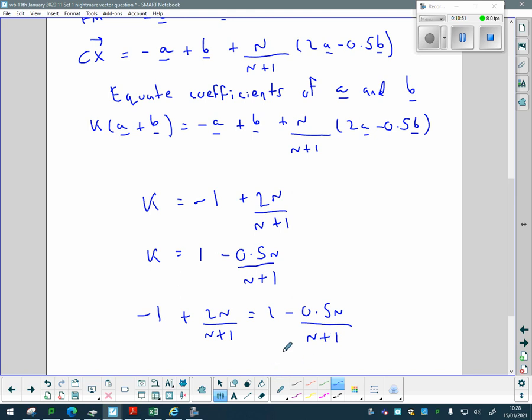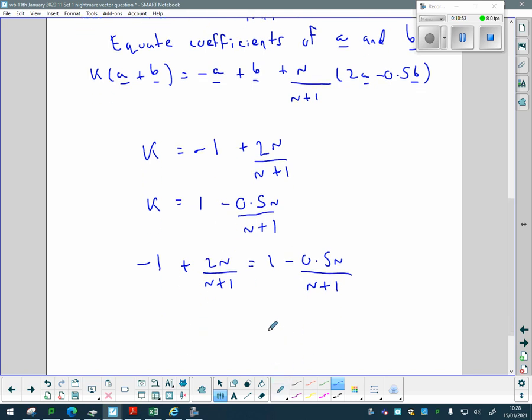So let's do a little bit of tidying. I say to my students, algebraic familiarity would tell me to multiply through by n plus 1. So we'd get an n plus 1 there, we'd get an n plus 1 there, which would cancel there. Get an n plus 1 there, and we get an n plus 1 there, which would cancel with that one.